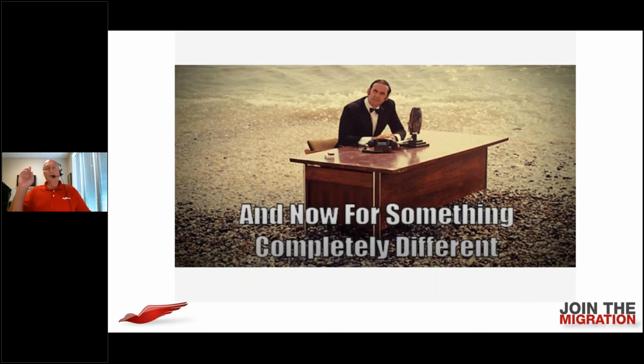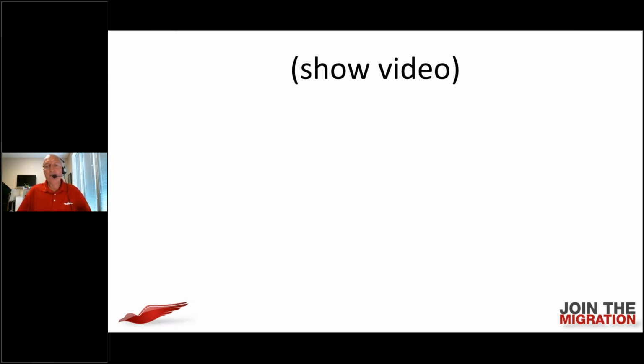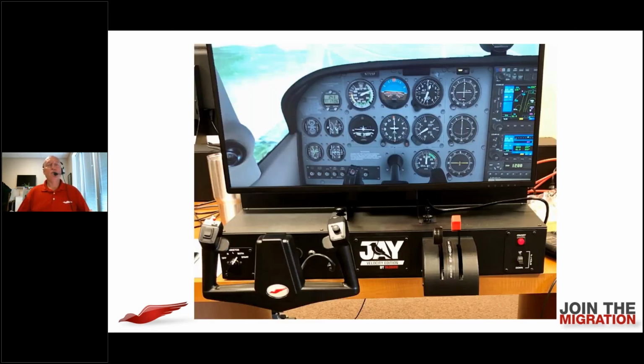Anyway, so that's an example there of just one of the exercises that you can go through when you are thinking about what things you can incorporate into this blended or hybrid type of learning environment.